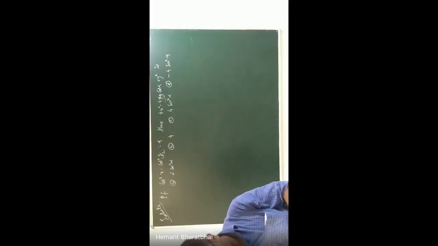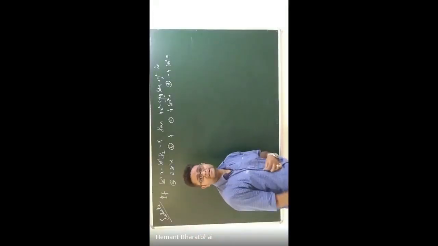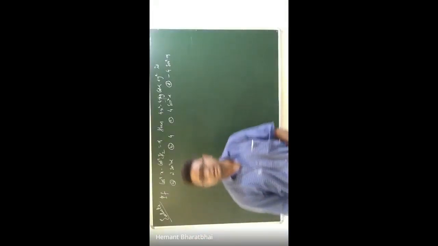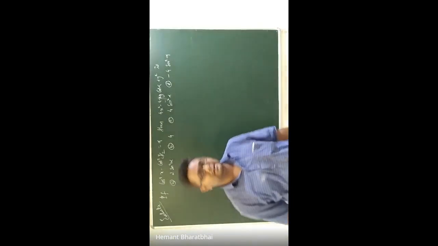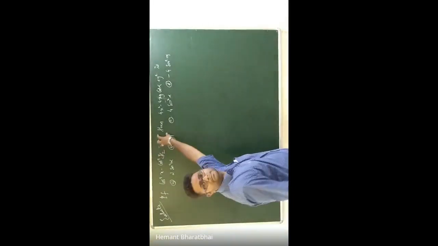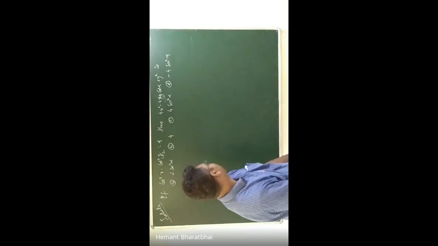So let's solve this. You have to solve this in a similar manner. In similar fashion, we had done the last numerical, but there he had given us the value as pi. Here he is giving some arbitrary constant as alpha.